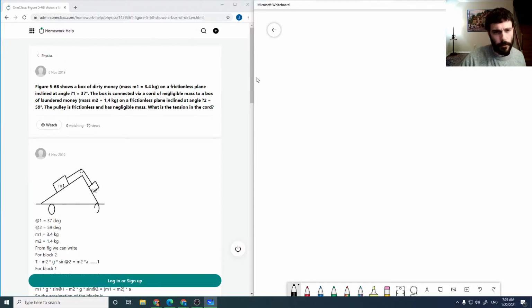Okay. So here we have a box of money on a frictionless inclined plane at 37 degrees. So just drawing out this diagram, mostly based on what's given in the solution here.